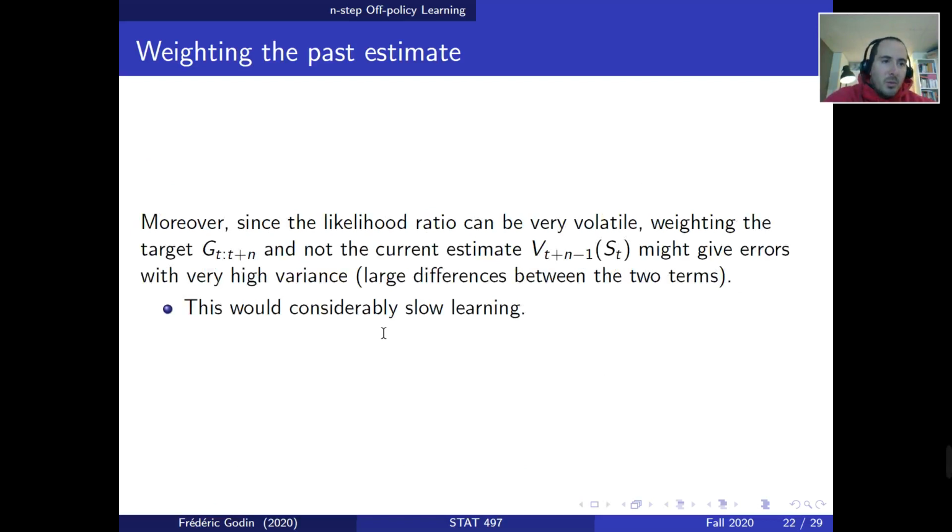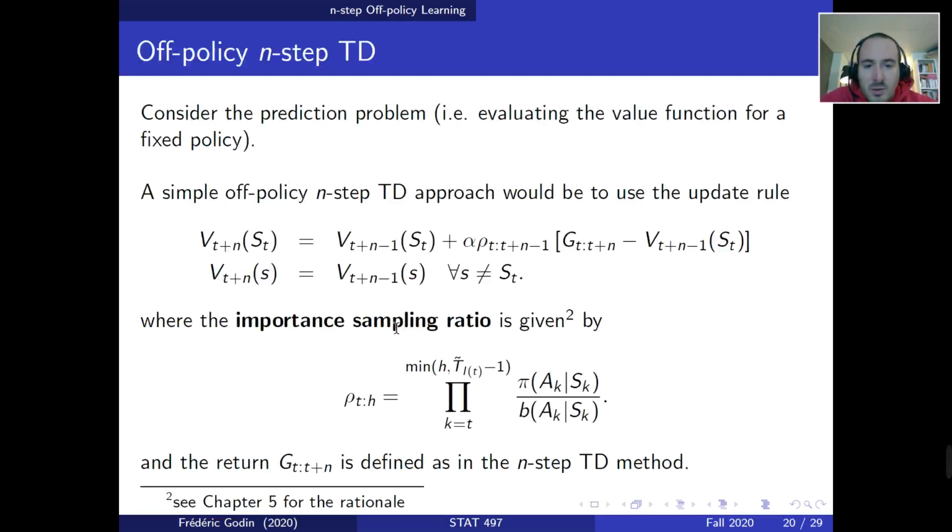Now, so we said that by multiplying the current estimate by the importance sampling ratio, we don't introduce bias, but why do we do that? That doesn't give us a valid reason yet. It's because, remember, the importance sampling ratio can be very volatile in practice. Let's go back two slides.